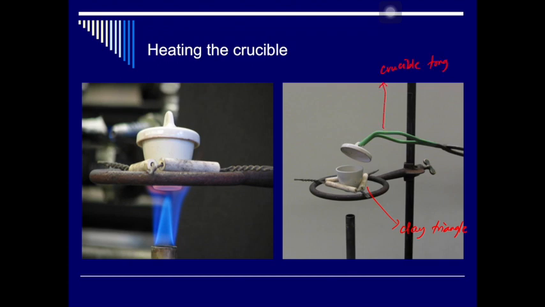Use your crucible tongs when heating your crucible in order to prevent injury, because this is very hot. Take note when heating using the Bunsen burner, you must align your crucible slightly above the interface of your inner flame, since this is the region where the temperature is the highest.